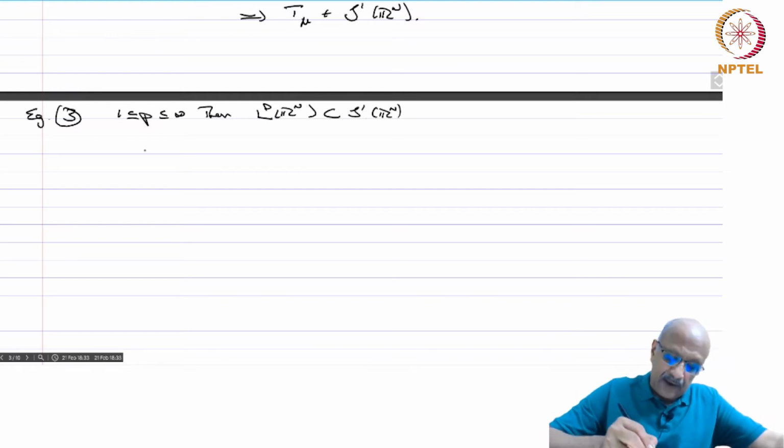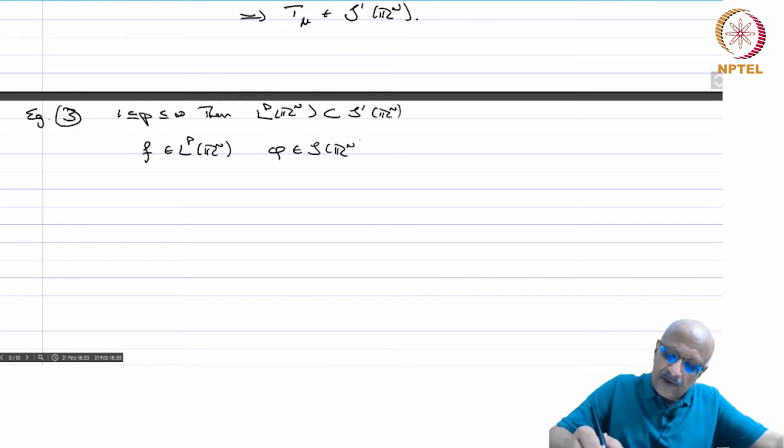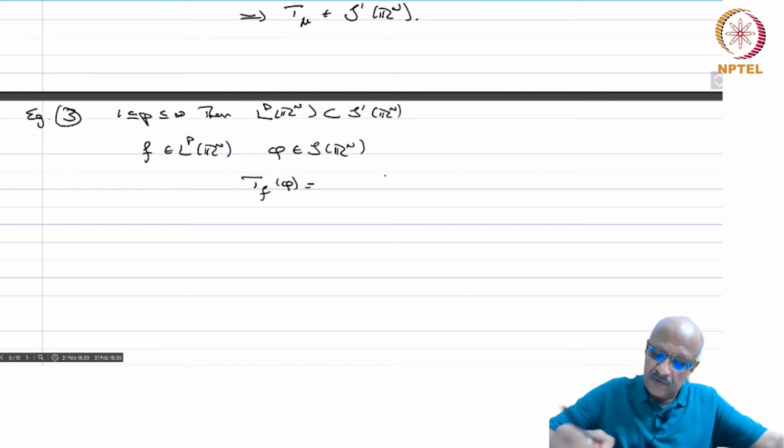So if you have f in Lp of Rn, it is a locally integrable function, so as a distribution, if phi is in S of Rn, the definition is of course Tf of phi, which extends the definition of a distribution, is the integral of f phi dx over Rn.